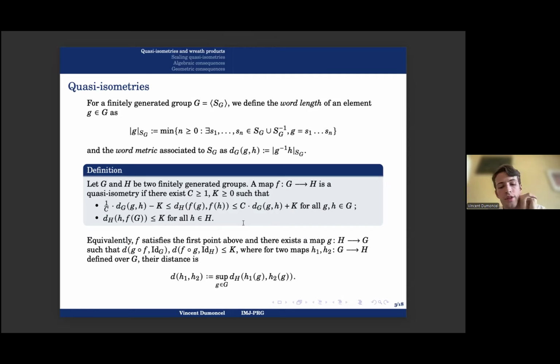So you have the two first inequalities, and it has what is called a quasi-inverse. So it is a map that goes now from H to G, and such that the compositions that you may take are at a bounded distance from the respective identities. Okay, so you can write this as follows, where, how do you define the distance between two maps that are defined over G?